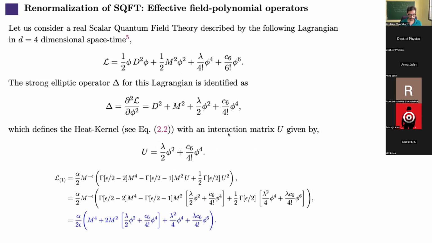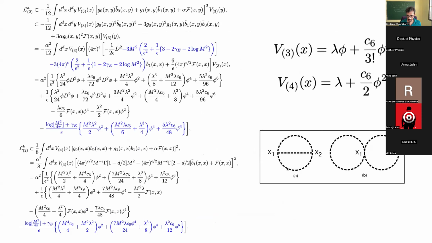This is the one loop counter term we calculate, and then we calculate these two loop diagrams. But you see all the divergence is associated not with any individual field, but rather with the operator. So this is the counter term of this operator, this is the counter term of this operator, and so on. So we get the counter term of the operator, not of any field. We bypass that thing completely.